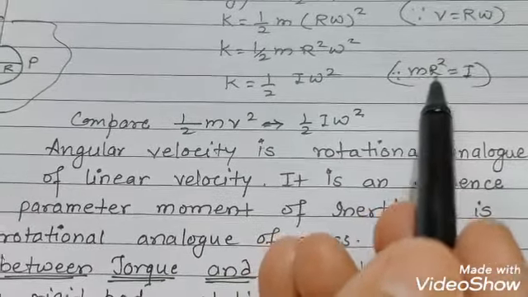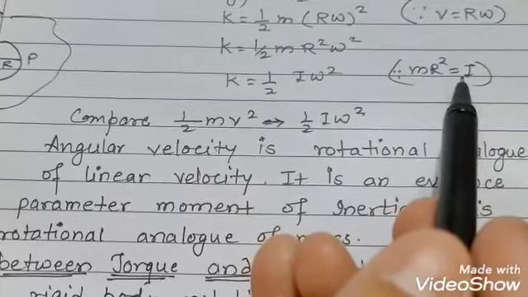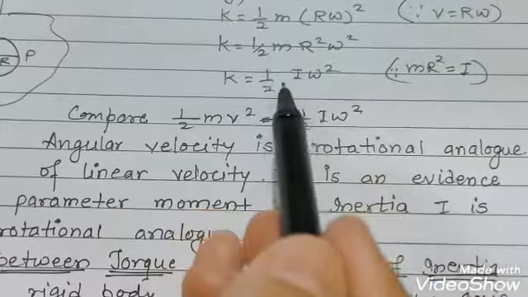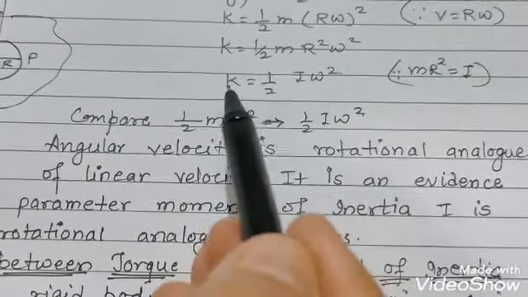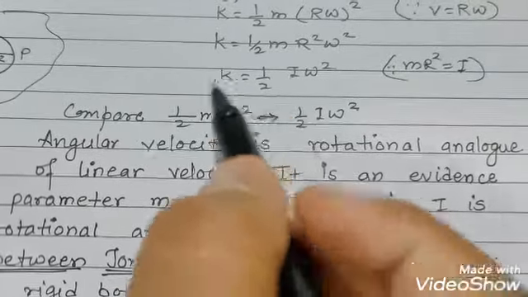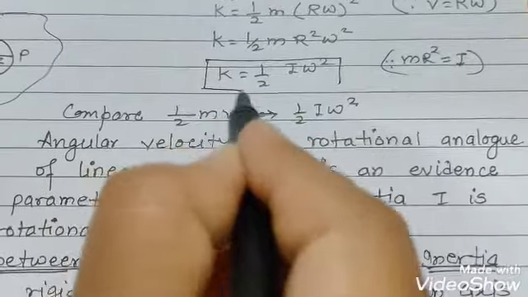So we can replace m r square with the letter I, which is moment of inertia, and k is equal to half I omega square. So this is the formula for the kinetic energy of a rotational body.